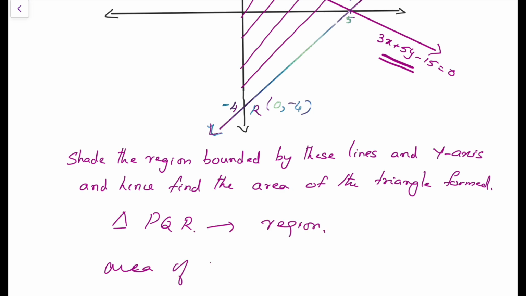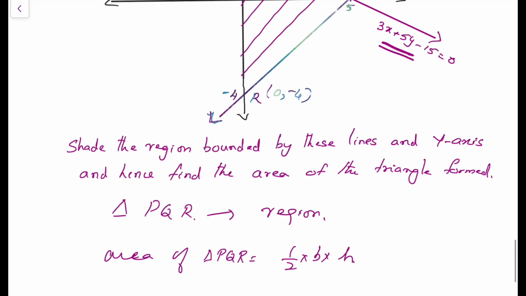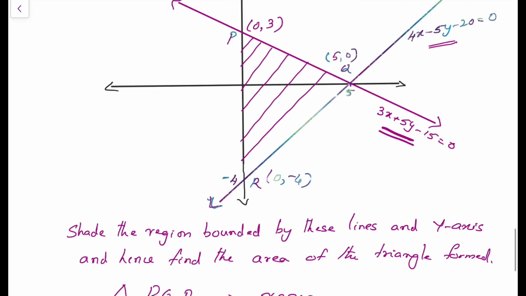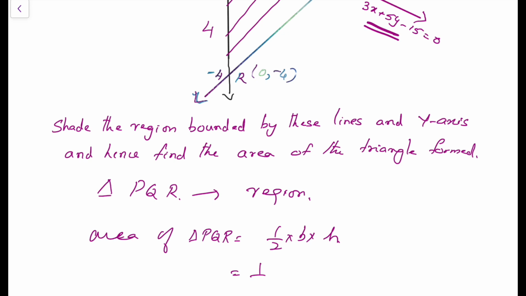So the area of triangle PQR is equal to the same, half into base into height. Now you have to take the base as PR. So PR will be how much? This is 3 and this is 4 units, so 7 units. So half into 7 into, now what will be the height?